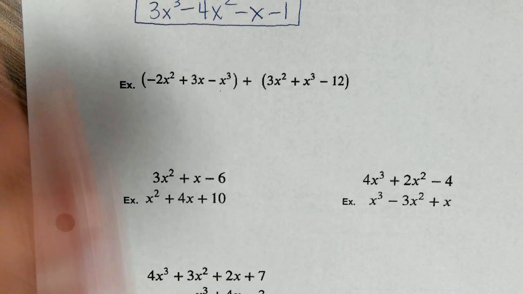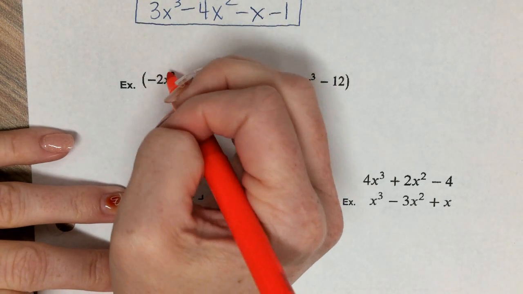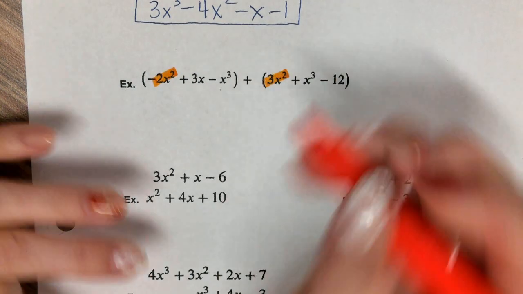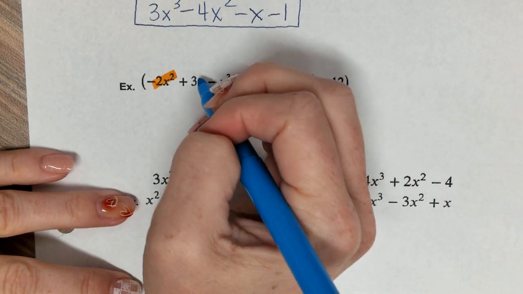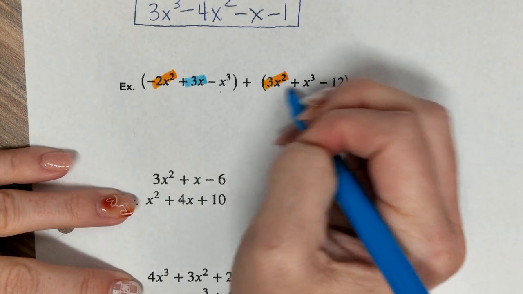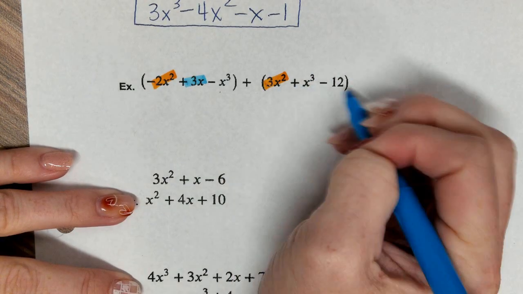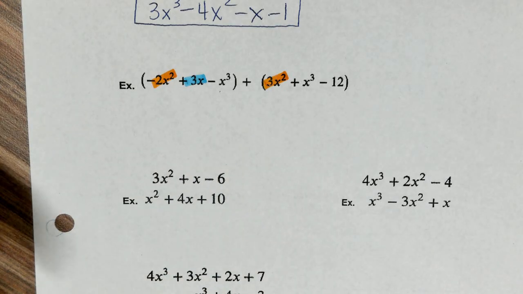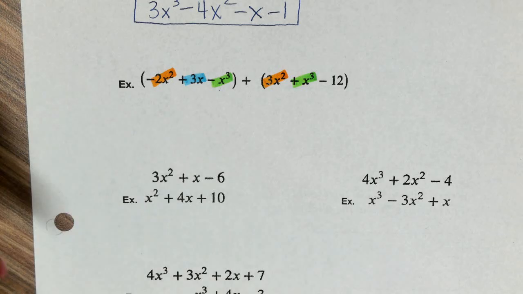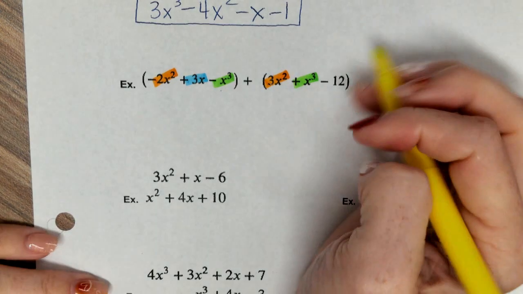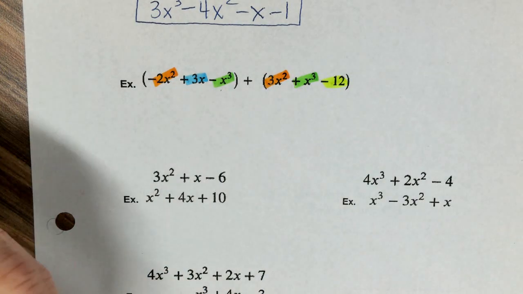I'm going to highlight this x squared orange, and I'm going to highlight this x squared orange. And then I'm going to do this x blue, but there's nothing to combine it with over here. And then I'm going to do the x cubed with the x cubed. And then I'm going to do the number, its own color, and there's nothing to combine it with.